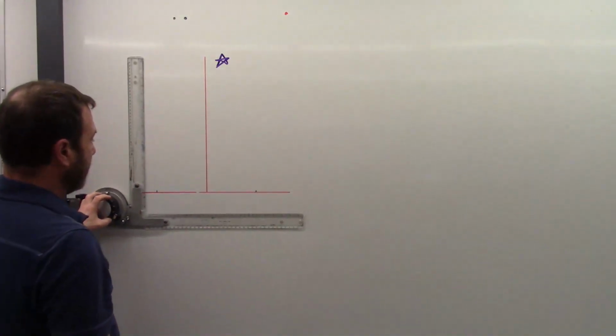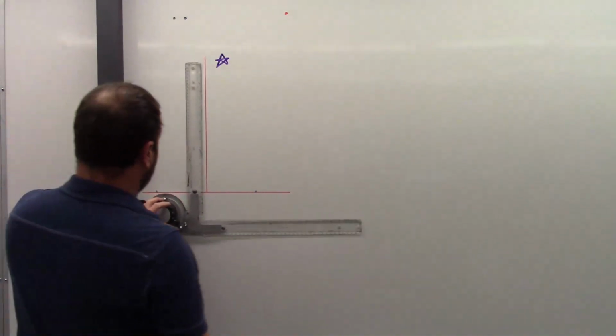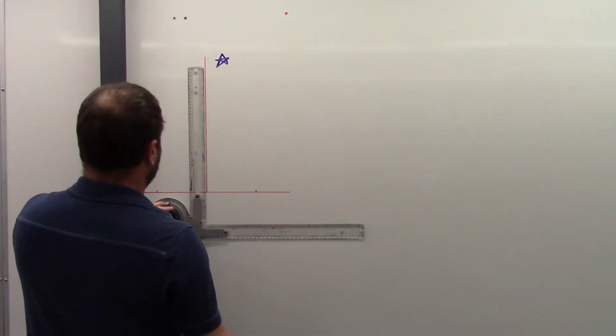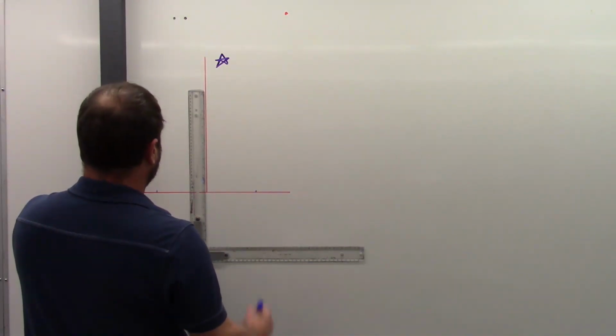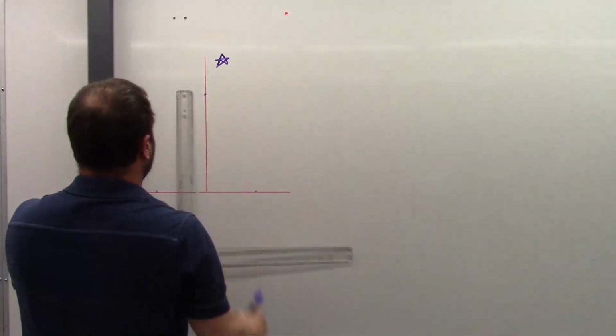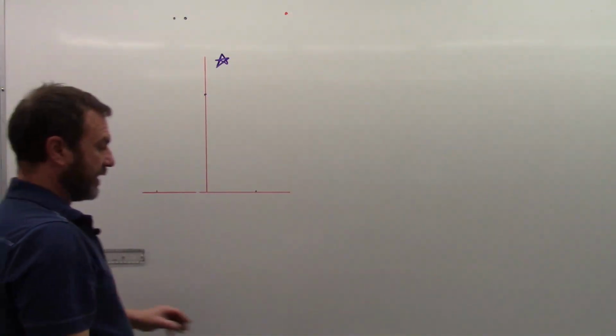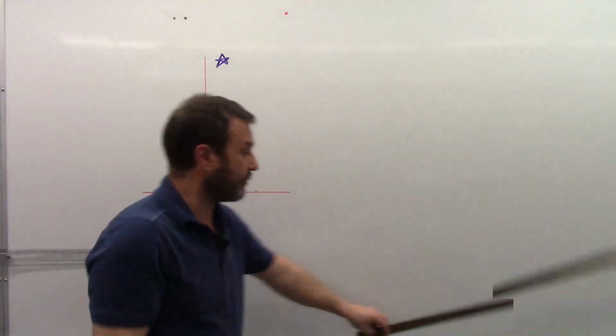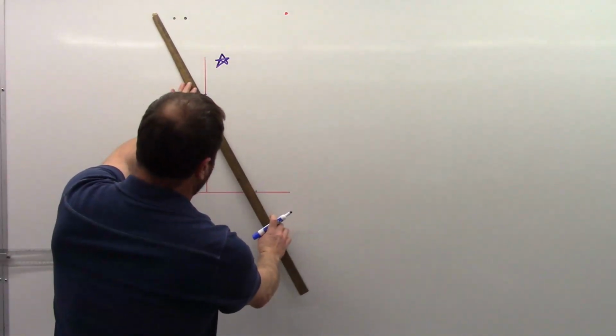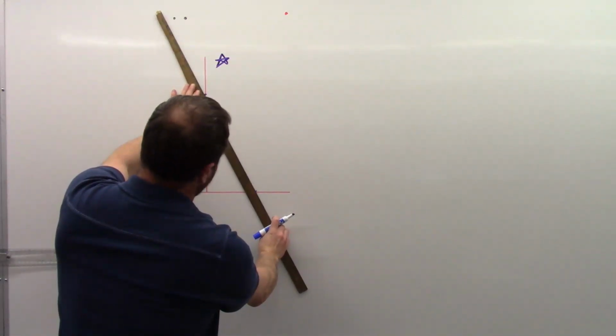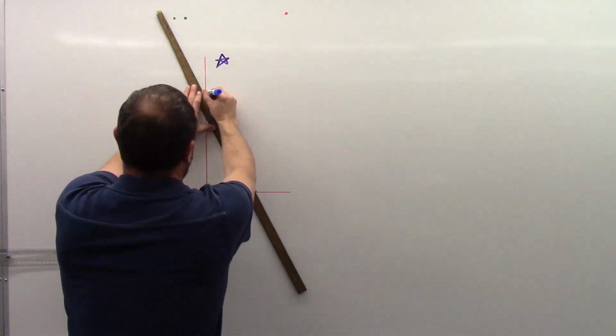Okay, a couple of ticks on there, and I mark out my height. There's my height there, and then I'll connect those points. This I find is just the easiest way to establish.